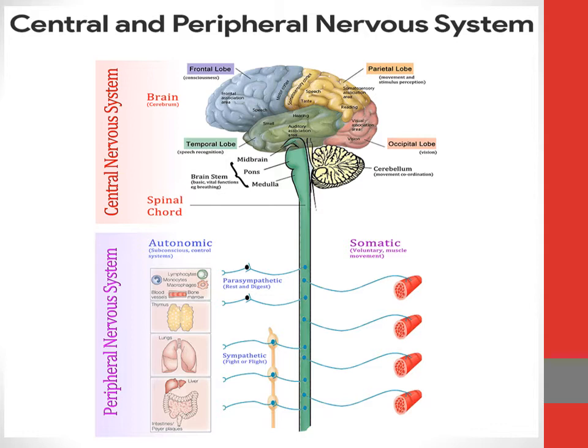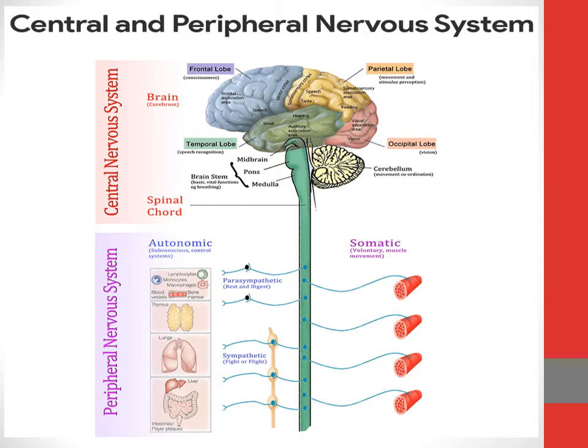The peripheral nervous system, remember, is made up of the autonomic nervous system, which has sympathetic and parasympathetic components, and the somatic system, which has motor components, say to move muscles, and sensory components to bring input and signals back to the spinal cord and be relayed to the brain.